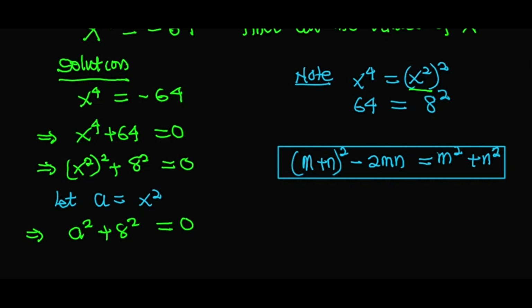Applying that, a squared plus 8 squared equals 0 will give us a plus 8 squared minus 2 times a times 8.